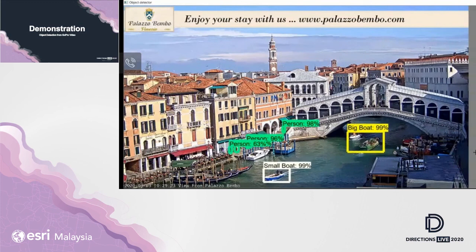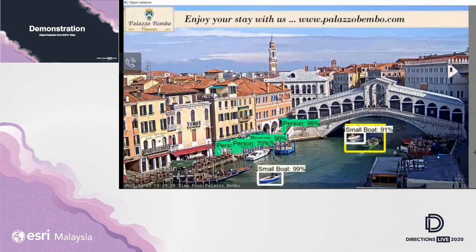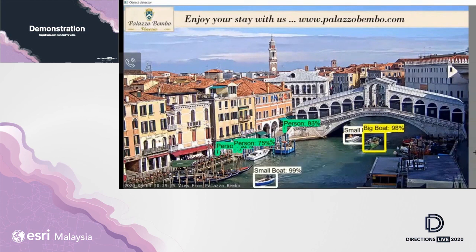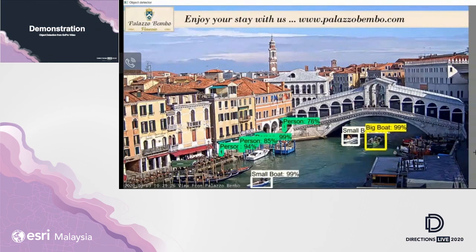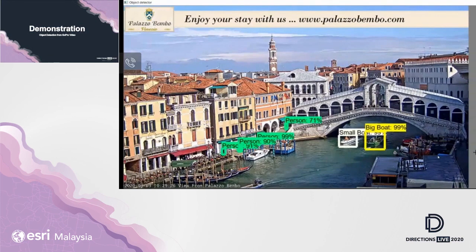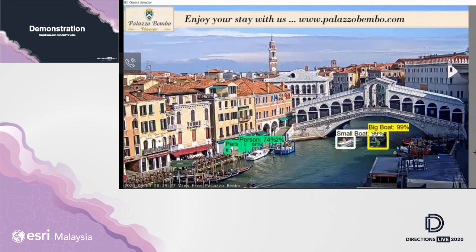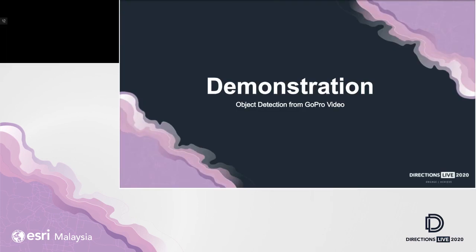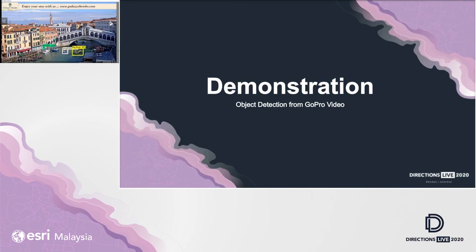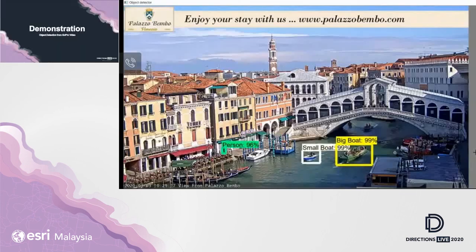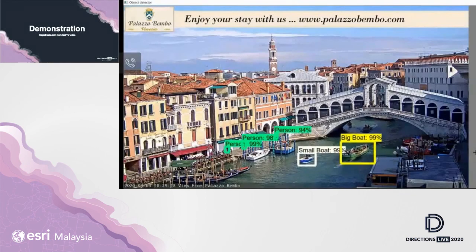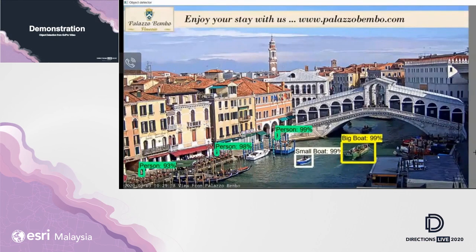For example, if you want to monitor activities in a certain area and transfer this information back into ArcGIS Online or ArcGIS Enterprise, all we can do is link these back, like what I've done with the Kesas Highway. And this is the example of the video.